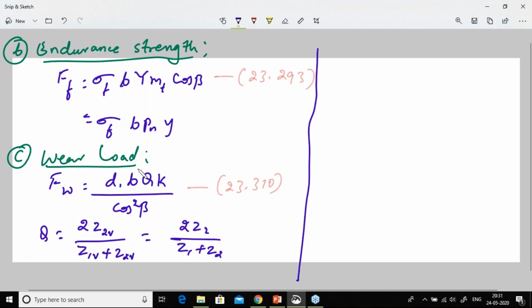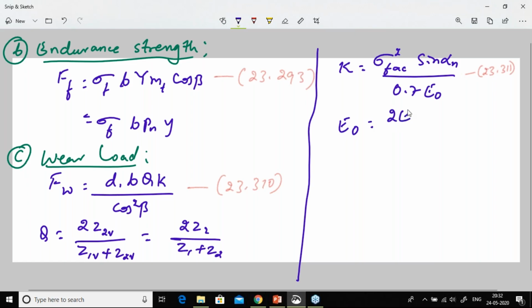K is the load stress factor, which is equal to sigma FAC square into sine alpha n divided by 0.7 times E naught. Equation number 23.311. E naught is the equivalent Young's modulus, that is equal to 2 E1 E2 divided by E1 plus E2.